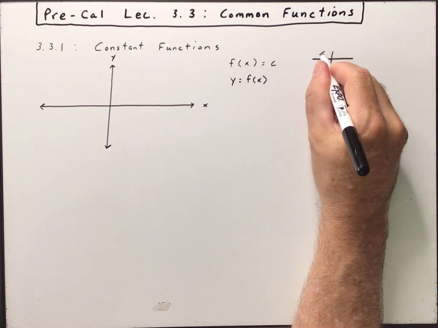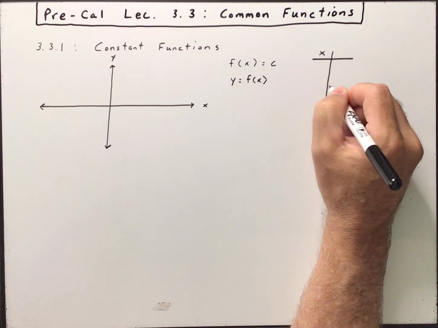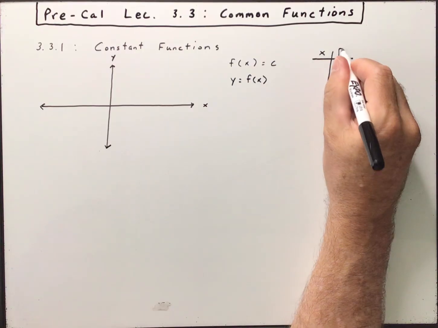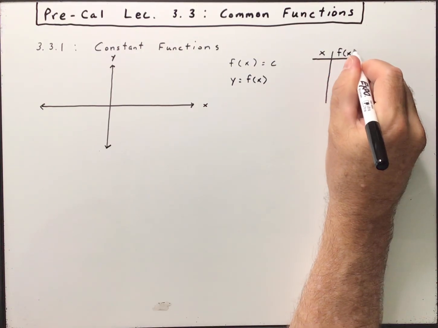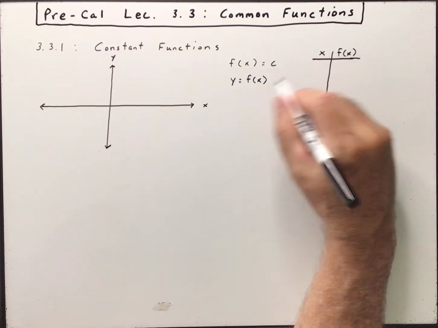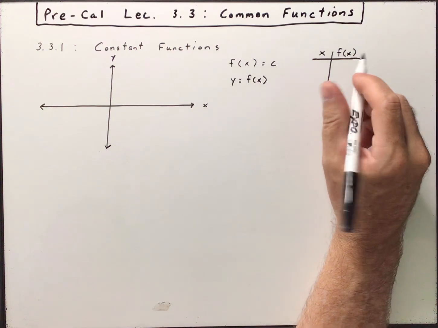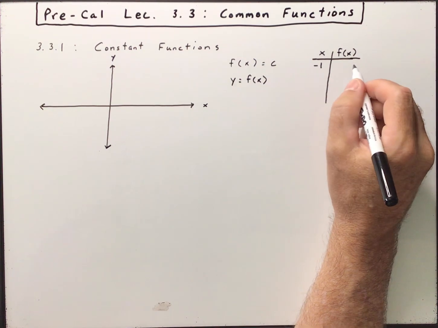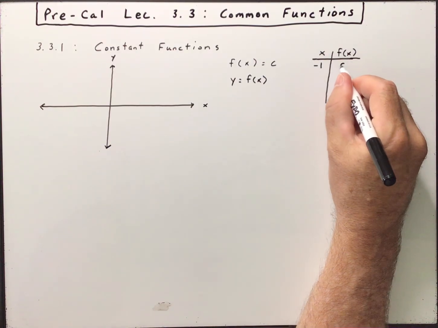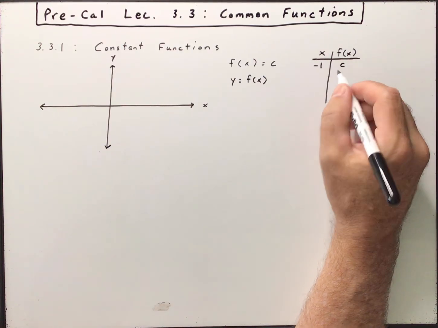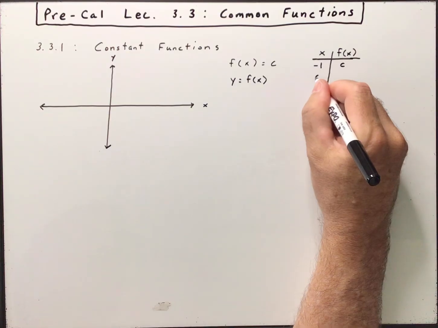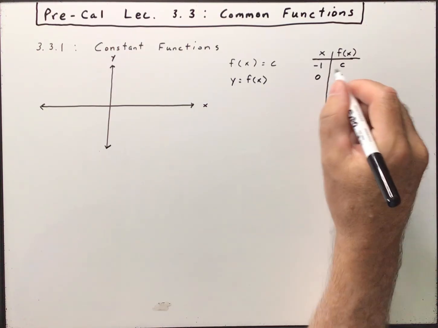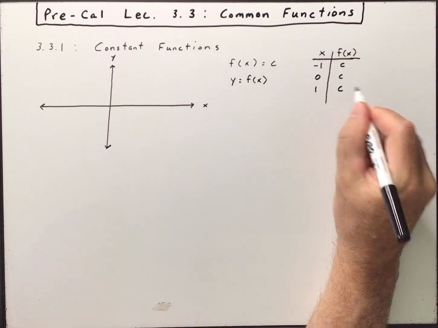So let's say we have some table of values here. So x and f of x. Remember, f of x is just y. Okay, let's say we have -1. Well, with a constant function, the y value is just going to be some constant c. No matter what x is, the y value will be the same.